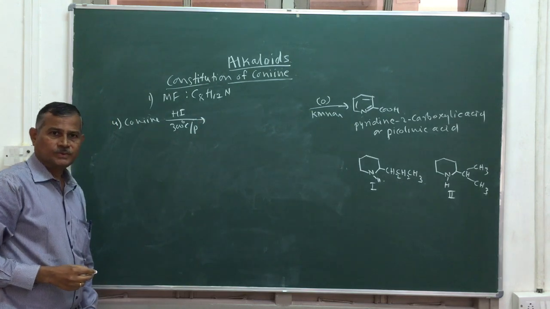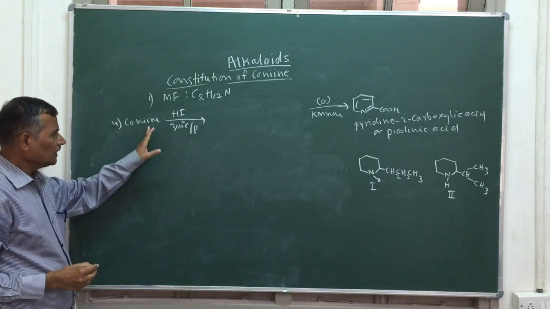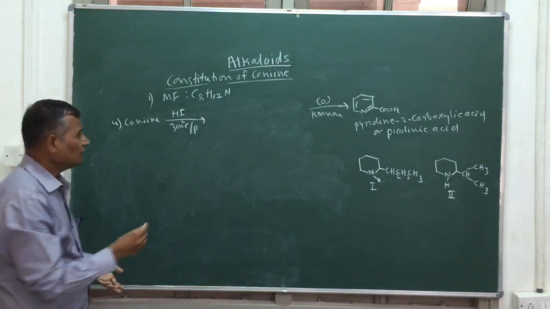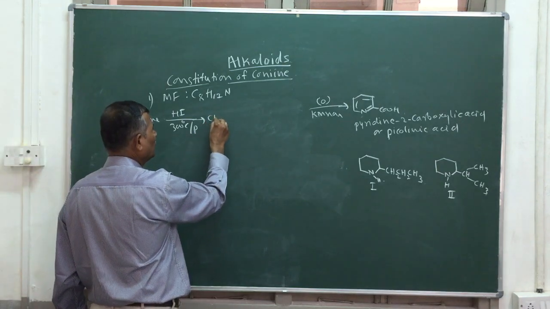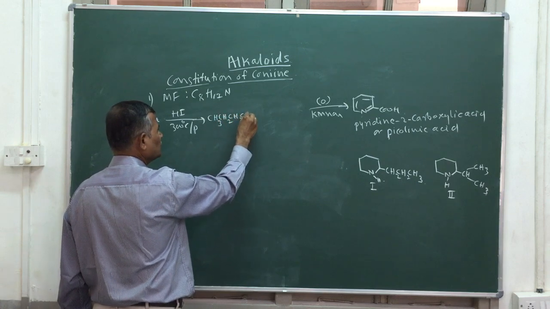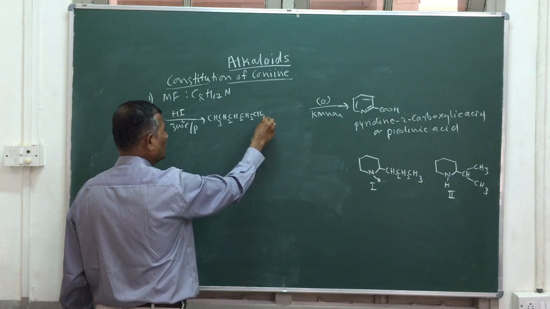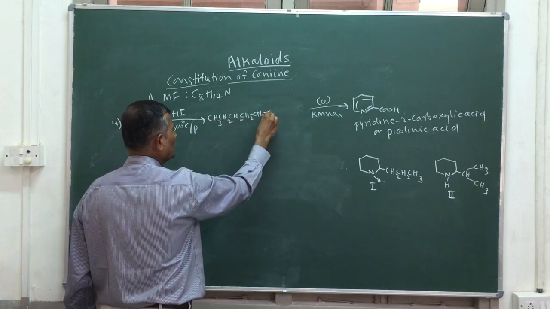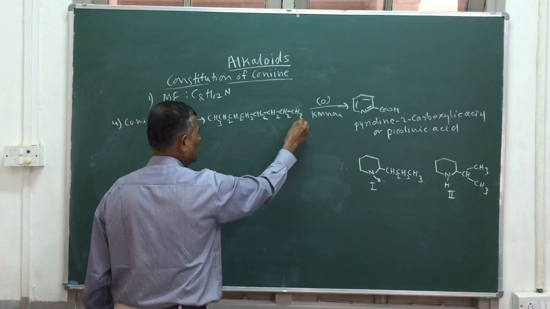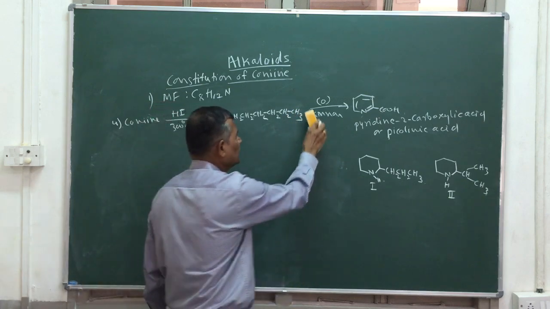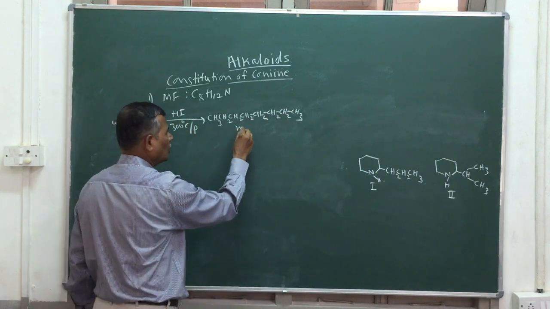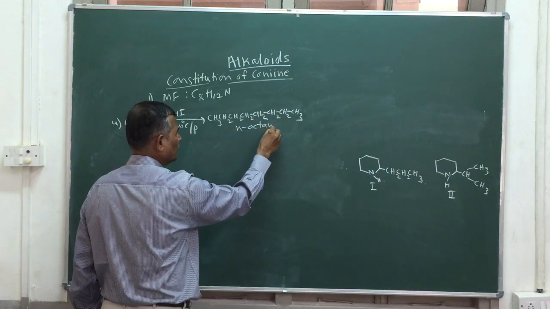When you heat coniine with hydroiodic acid at 300 degrees Celsius under pressure, you are going to get normal octane. Normal octane means CH3, CH2, CH2, CH2, 1, 2, 3, 4, 5, 6, 7, and 8. Oct means 8, there are 8 carbon atoms in the chain. So this is nothing but n-octane.